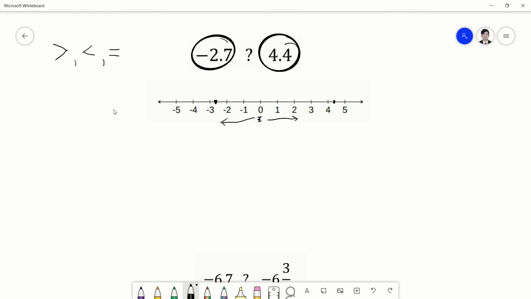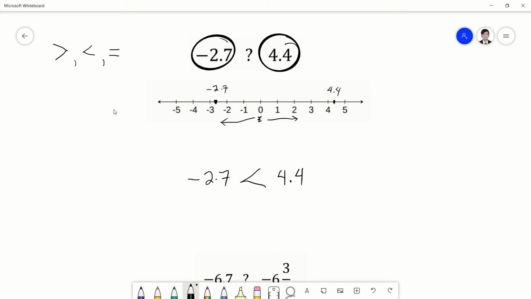It's positive, so that's why it's here on the right. So looking at the location of 4.4 and negative 2.7, 4.4 is on the right part of the number line, while negative 2.7 is on the left part. That means negative 2.7 must be lesser than 4.4.